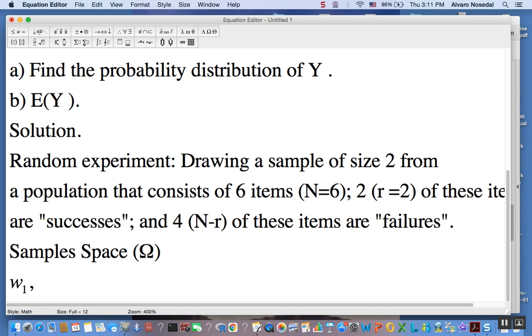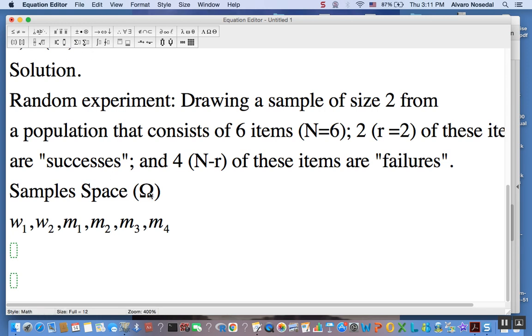So let me use W sub 1 for woman number 1, W sub 2 for woman number 2, and we're going to have something similar for the 4 men that are candidates to serve in this jury.